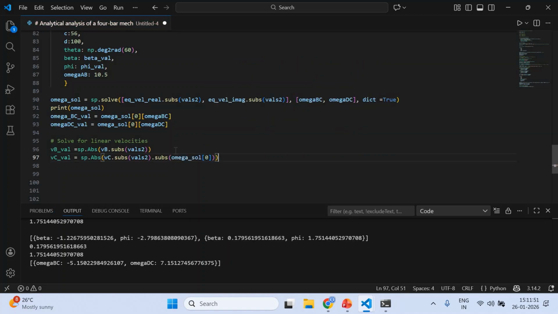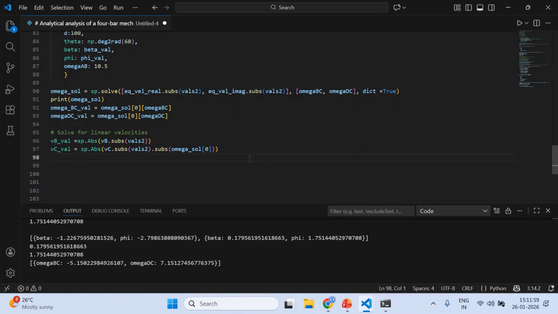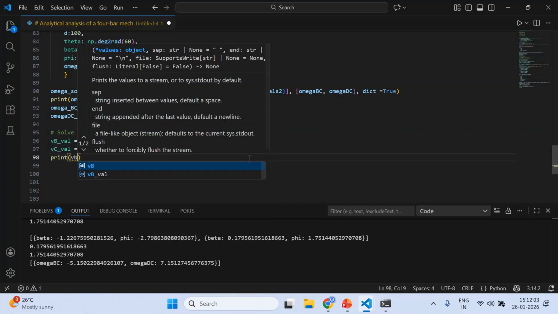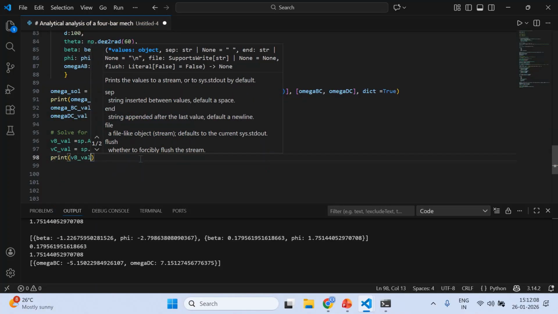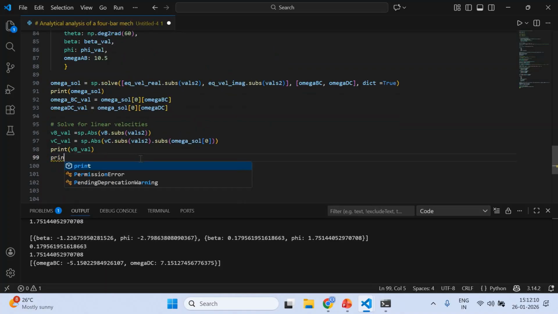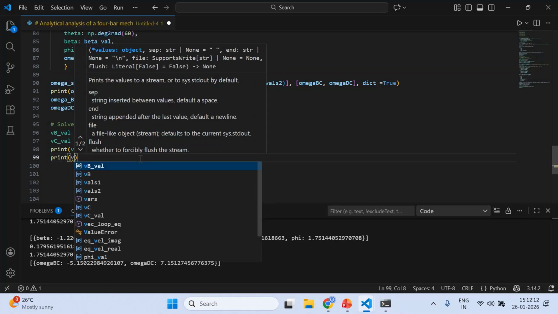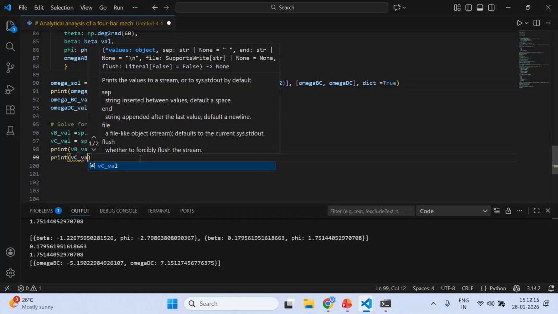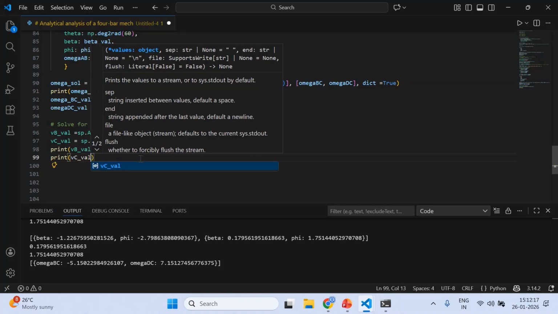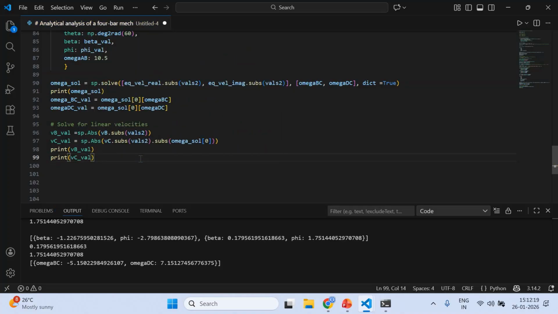You are simply selecting the value from the dictionary omega underscore sol. After this, you can simply print VB underscore well and check whether you are getting correct values or not, right? This is very good if you code such equations into any programming language, be it Python or MATLAB.